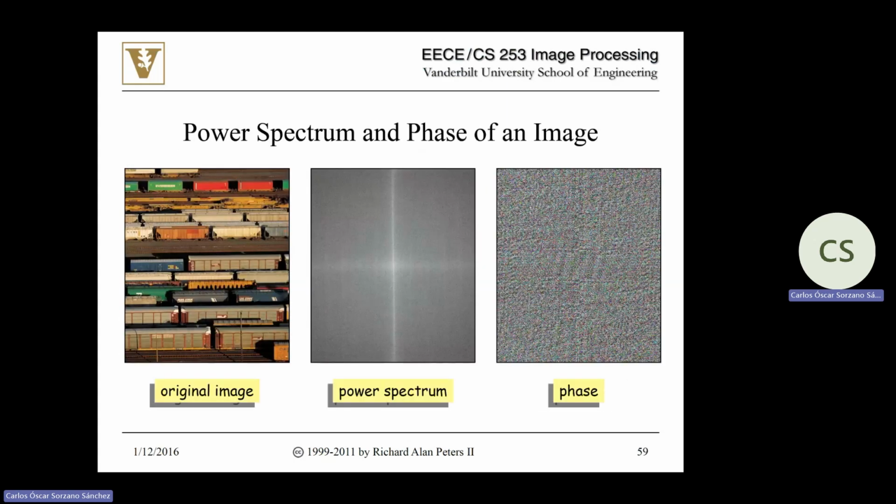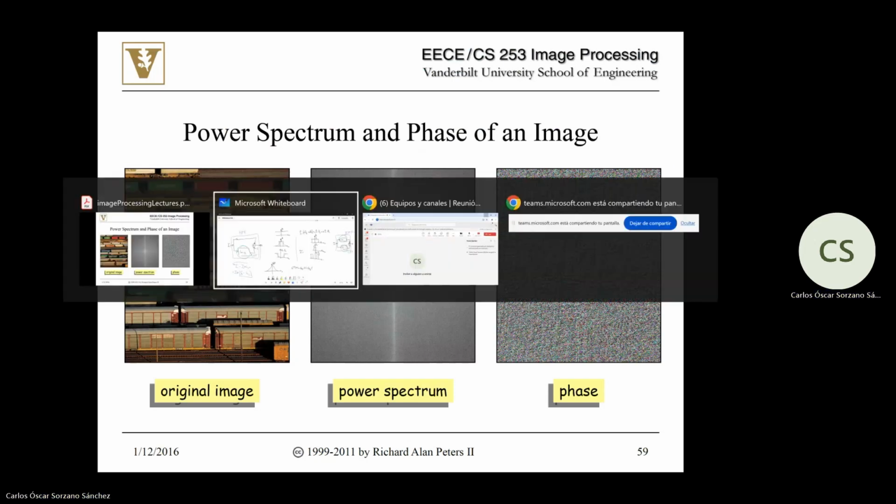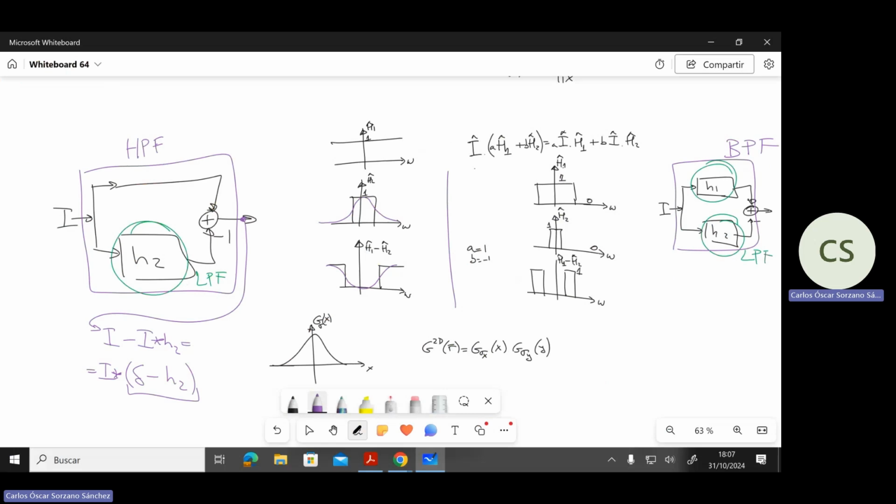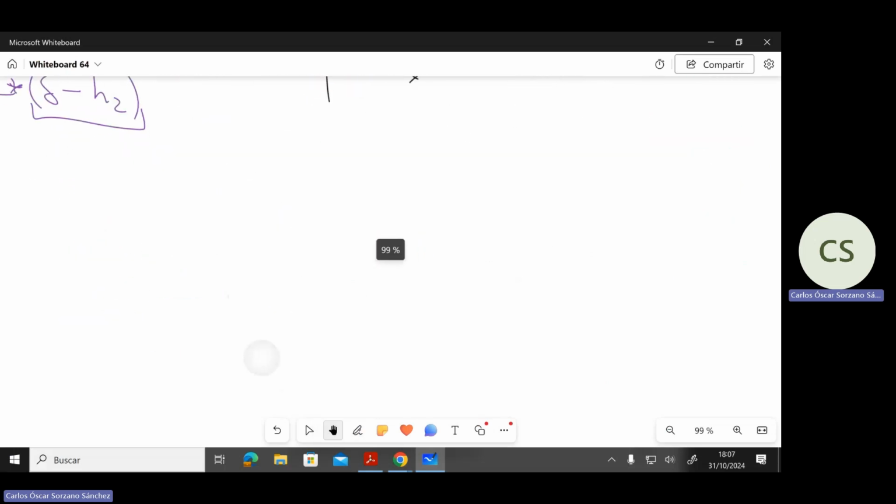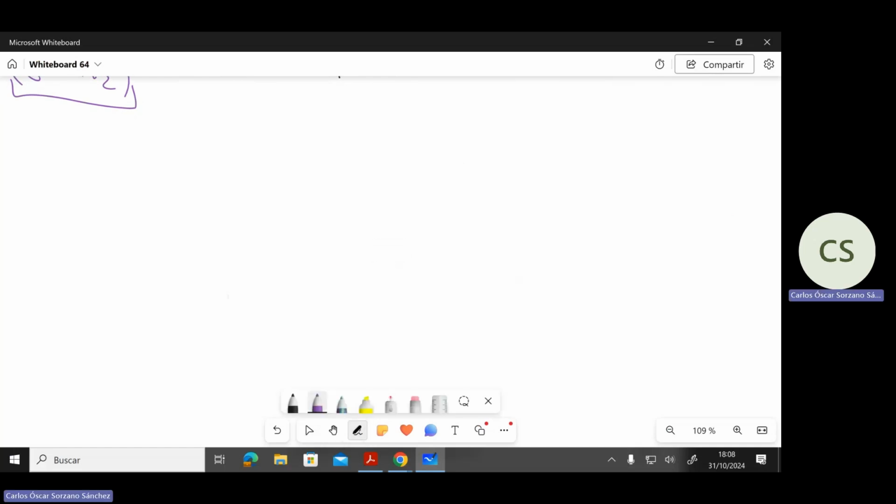So what about the power spectrum? Okay, the power spectrum, let's write it here. We have seen this, but it is good to remind. So let's say that we have an image.